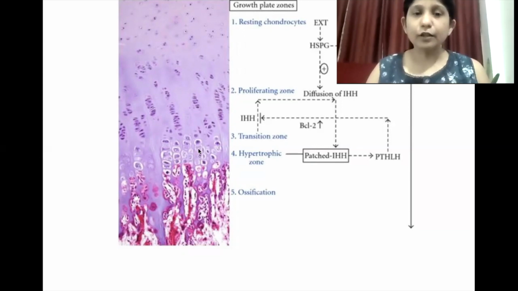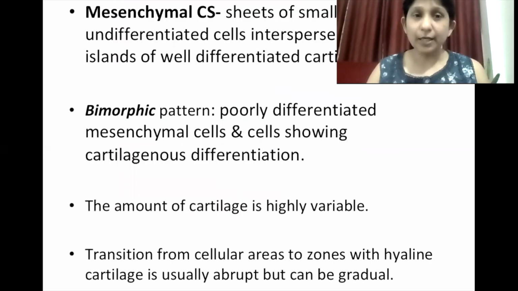There's a slow transition zone where you can see the chondrocytes increasing in size, and then there is a lot of hypertrophy. These are the zones. And the last phase is the ossification phase, where you will find some calcification taking place.